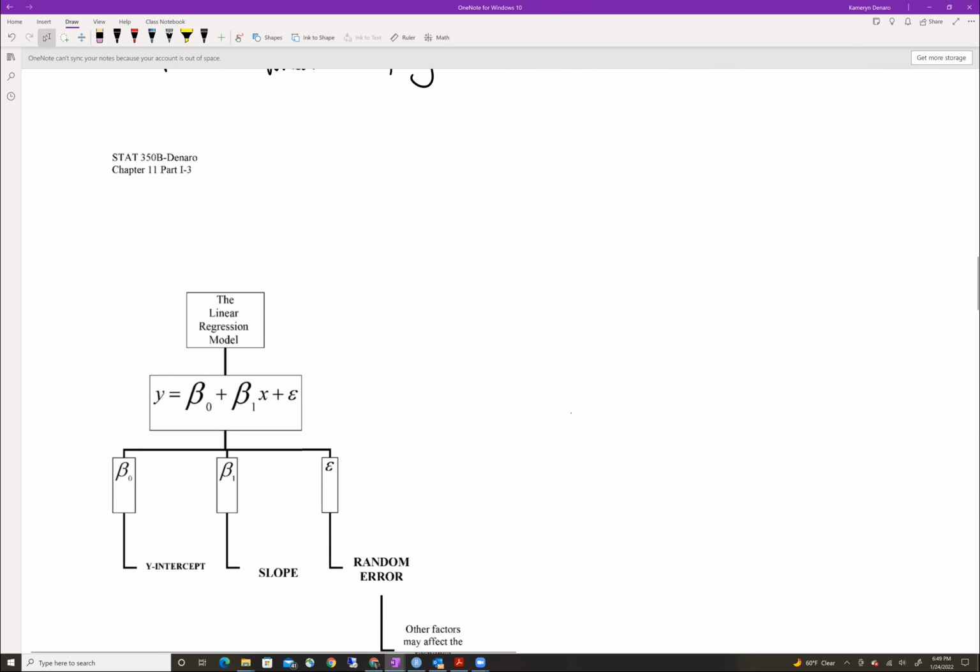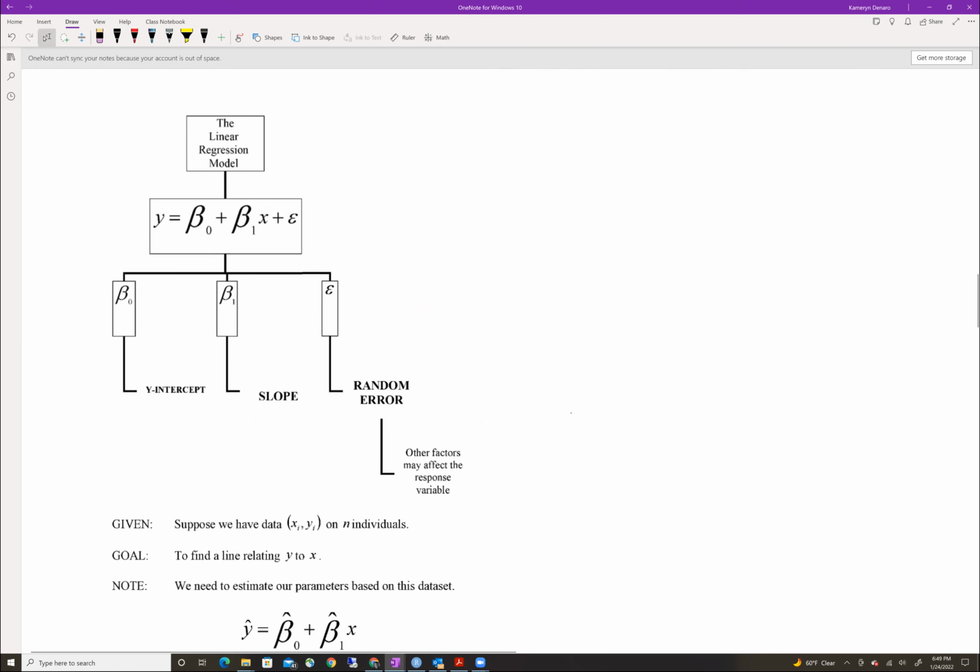So in general, we don't think that all the points are going to lie exactly on a line. So we're going to introduce an error term. So now we have this epsilon, which is all the random errors. So we don't think that we perfectly fit our data, right? We're going to have a scatter plot.